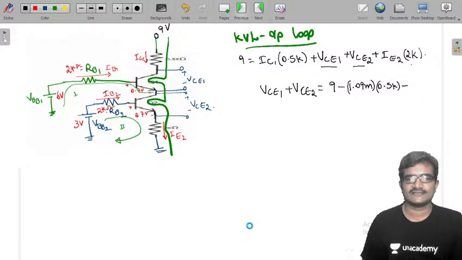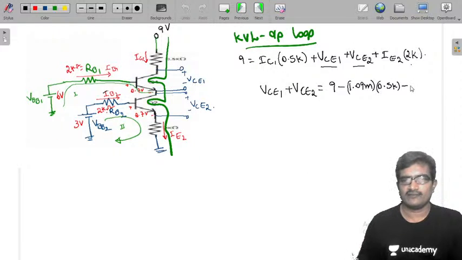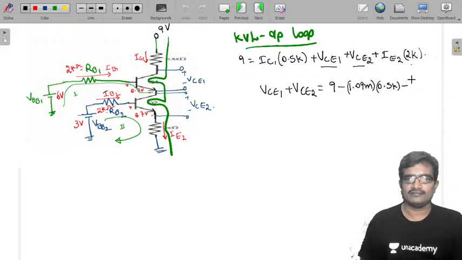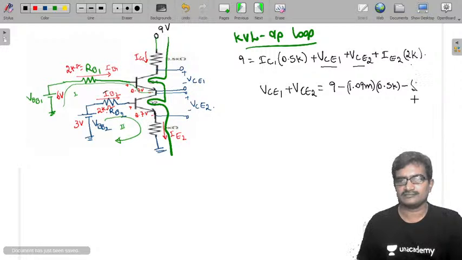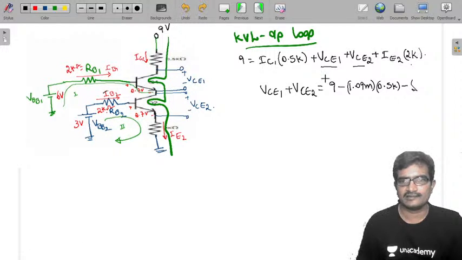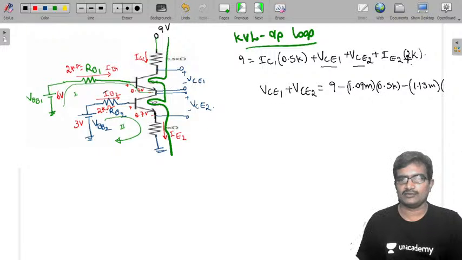IE2 value is 1.13 milli into 2 kilo ohms.